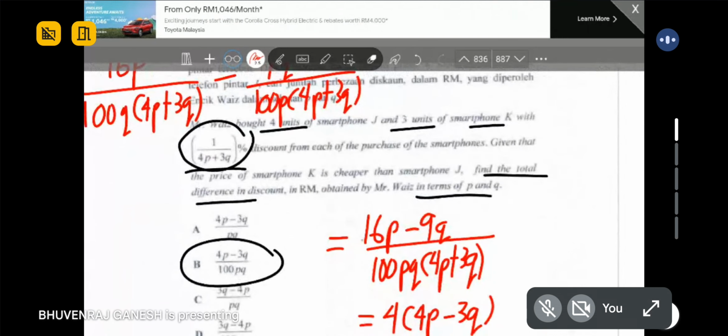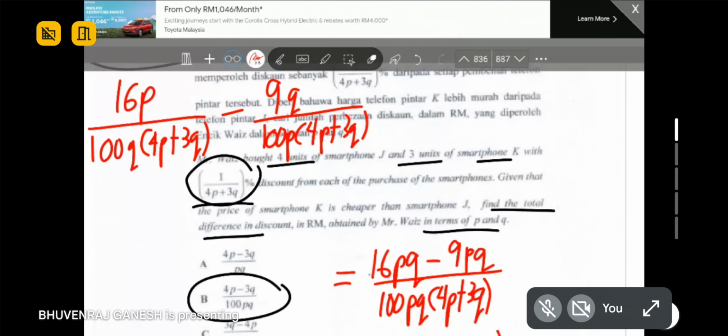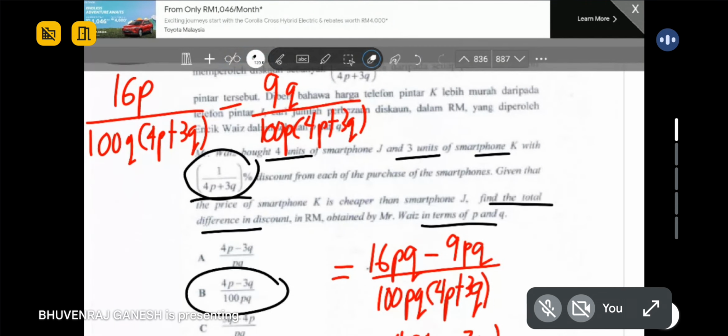Wait. Yes, there is a mistake. When combining, this one needs Q and then this one needs P. Okay, so it should become like this, guys. Am I right? Let me check. 9Q over 100P, 9Q, right? So minus 9P. Just now was correct. 16Q, yeah. Like this, correct. 16P.